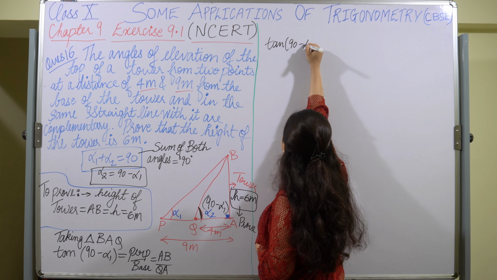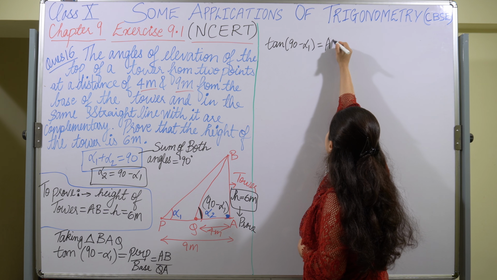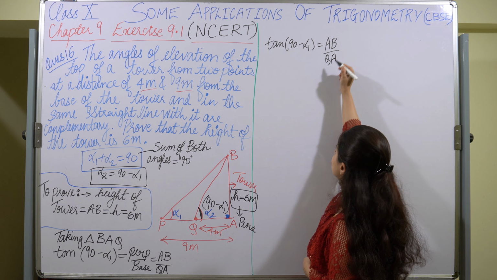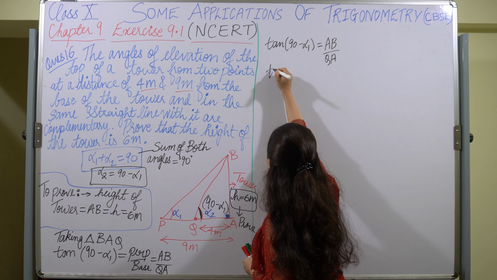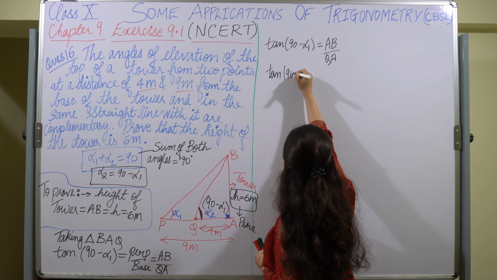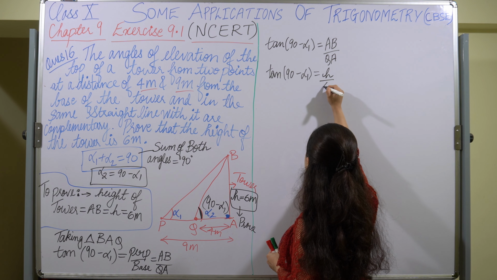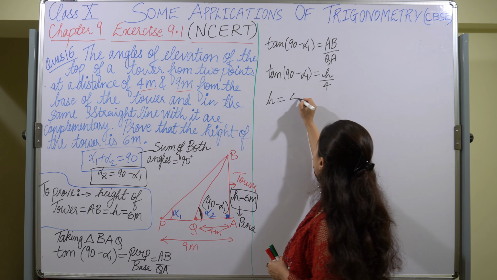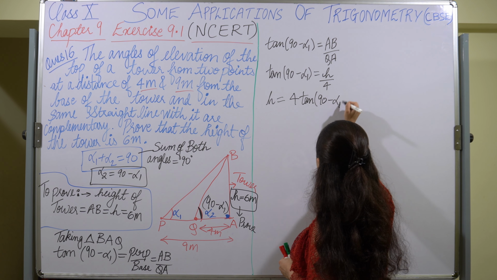AB I have assumed to be H. So tan of 90 minus alpha 1 will be equal to H upon 4. From here, the value of H will be equal to 4 tan of 90 minus alpha 1.